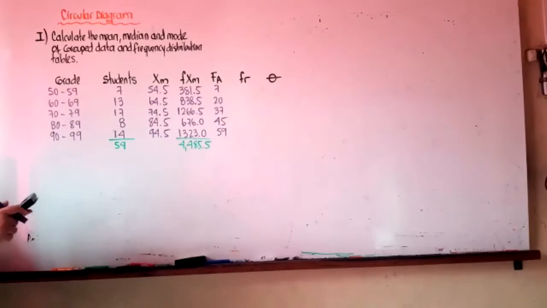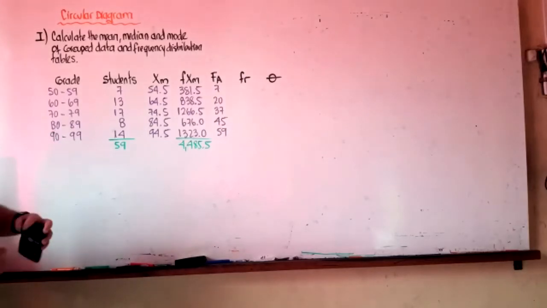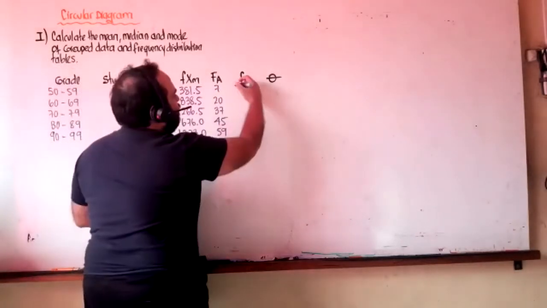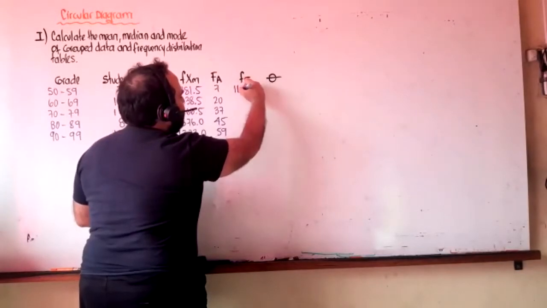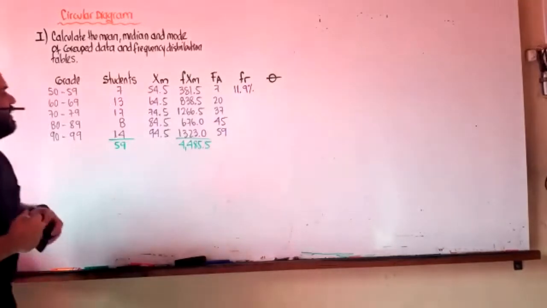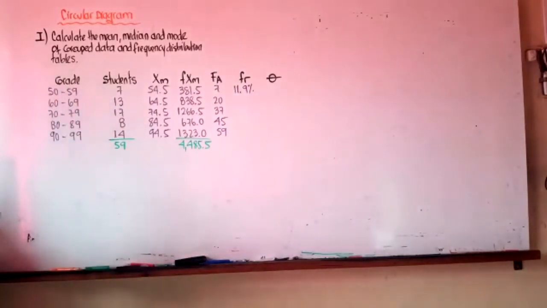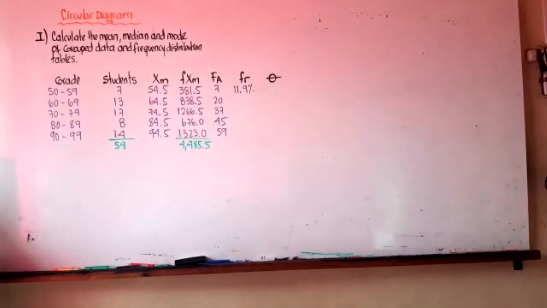For example, in the first one, 7 divided by 59 and multiplying by 100, the result will be 11.86. Okay, we're going to use one decimal point, so 11.9%. Remember, divide every value by the total and multiply by 100.